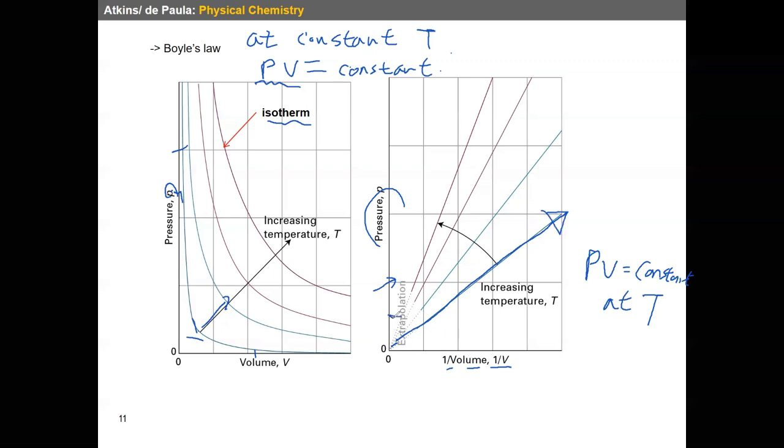The slope will have the same value, because the PV value is a constant.